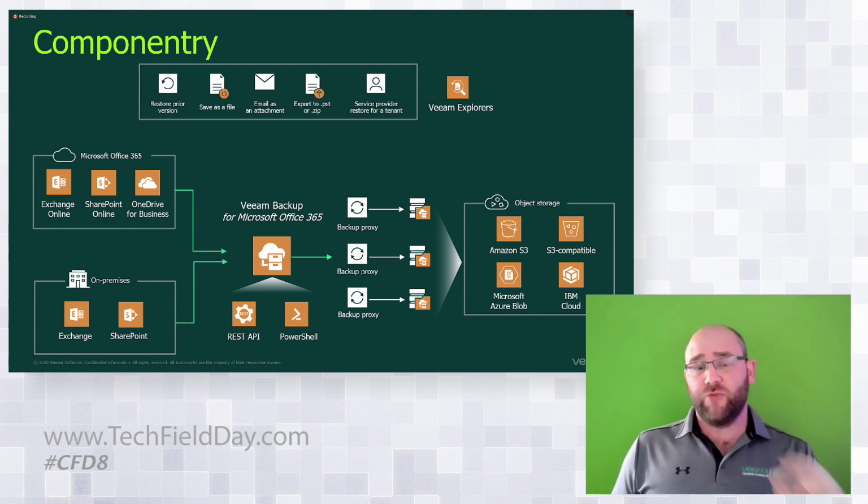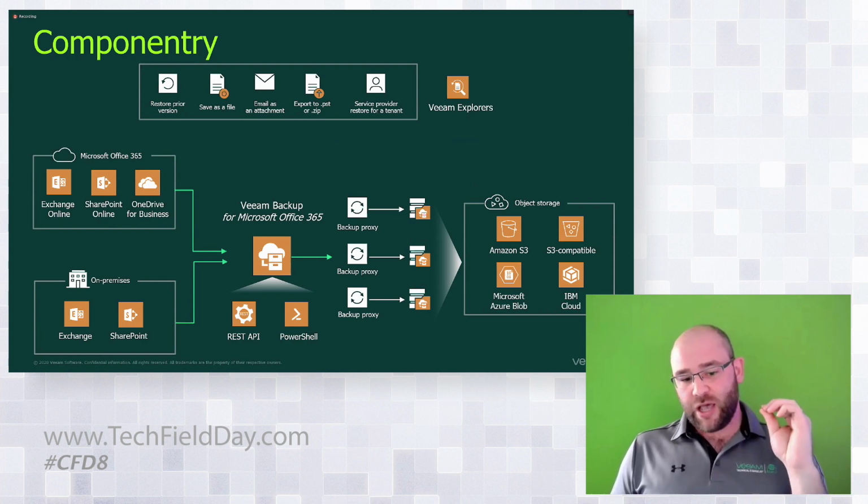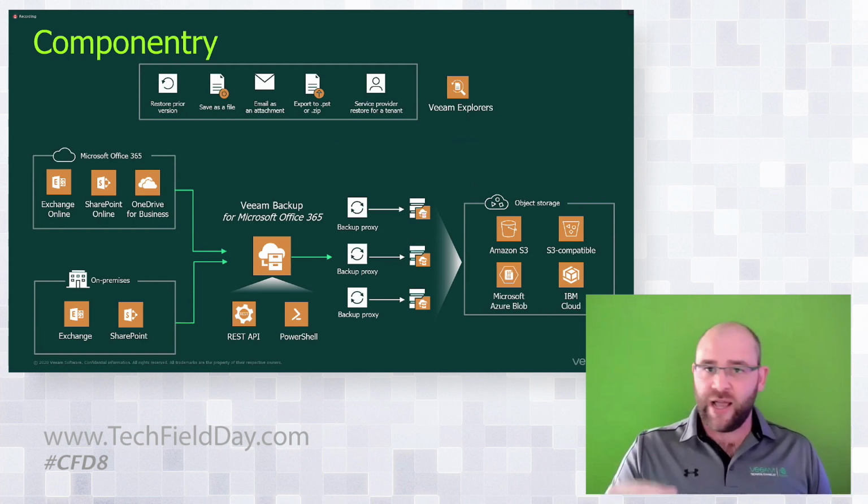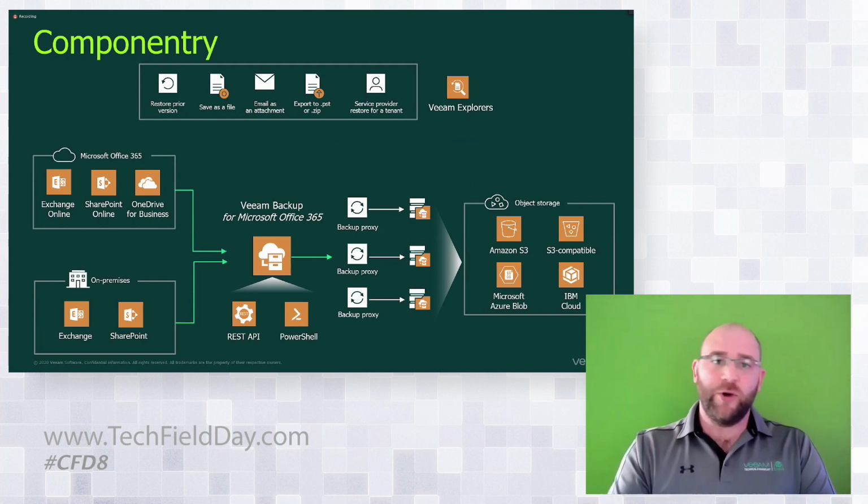And then from a recovery point of view, and for those not familiar with Veeam Backup and Replication and our specific requirements about being able to go in and restore from a granular point of view, individual mail items, individual files, SharePoint items, objects, etc., we have our Veeam Explorers.